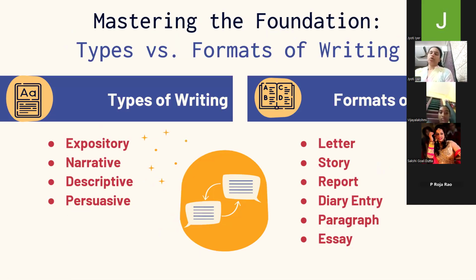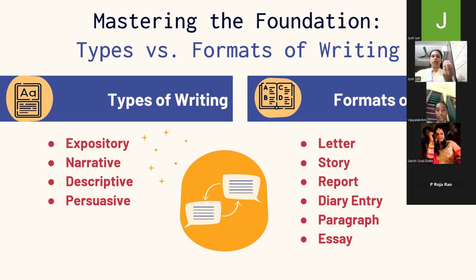Now, before we talk about expository writing, which is the main focus today, let's talk about mastering the foundation. I kept saying expository writing, descriptive writing, persuasive writing. But then we never heard letter, story, report, diary entry, paragraph, essay. So some of you as English teachers might be wondering, wait, those are not the kinds of writing that we know. Here, let's distinguish between two things. One is types of writing, meaning the different styles of writing by purpose.